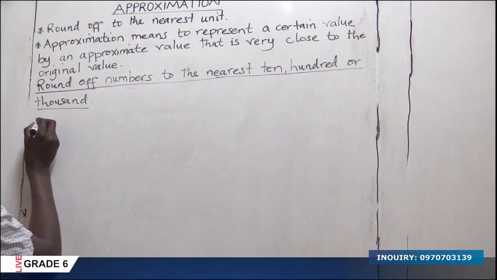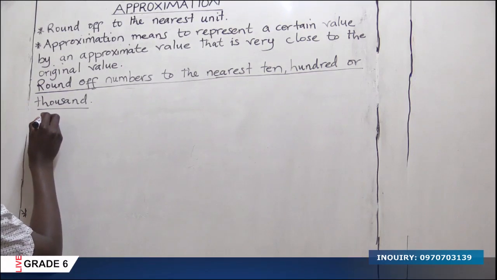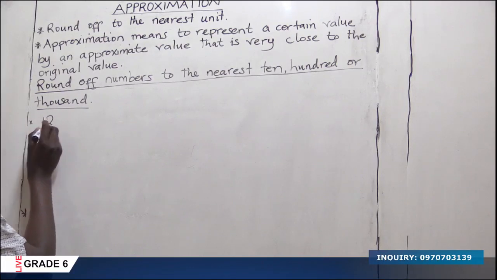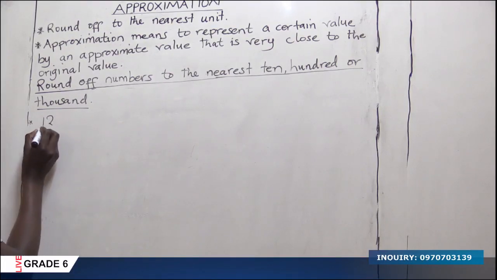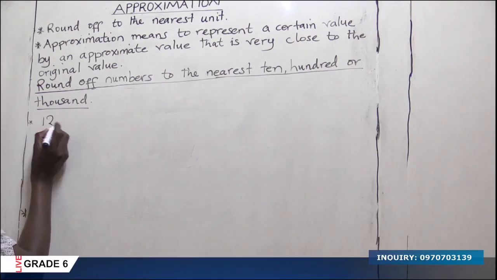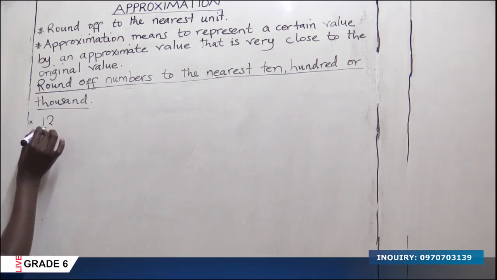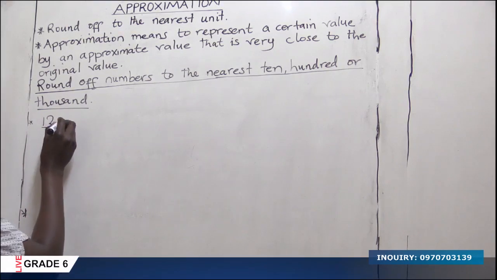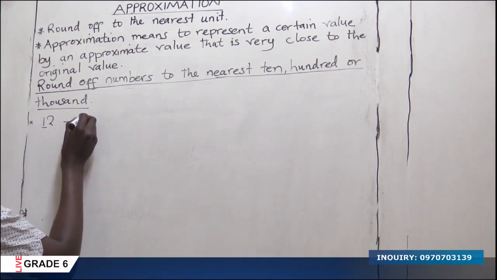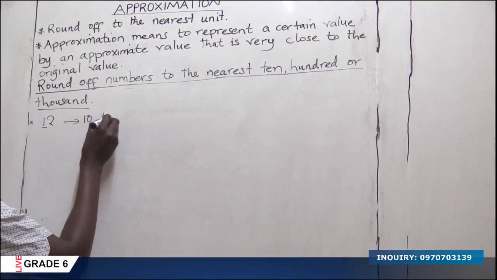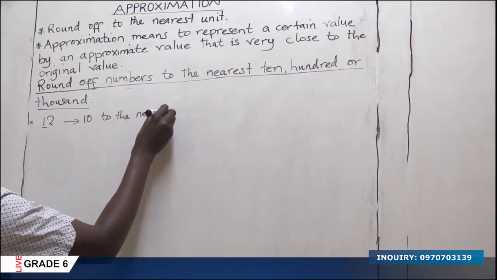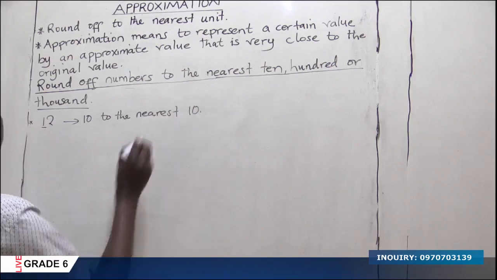So I said, for example, the number 12, and then we are changing 12 to the nearest 10. So what are we going to do there? We are going to write 10 to the nearest 10.